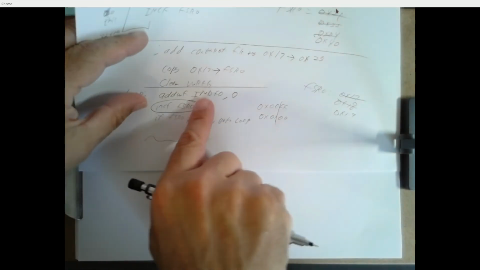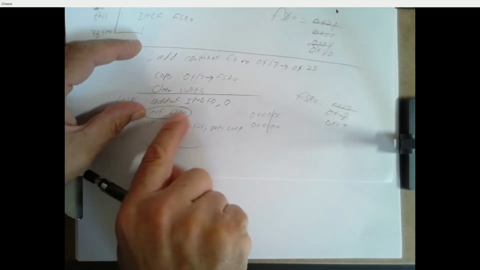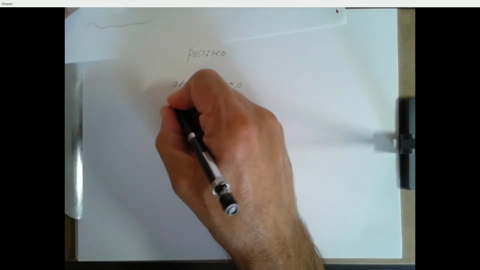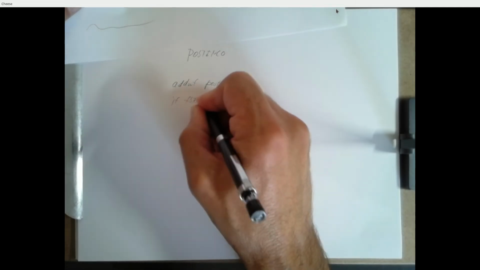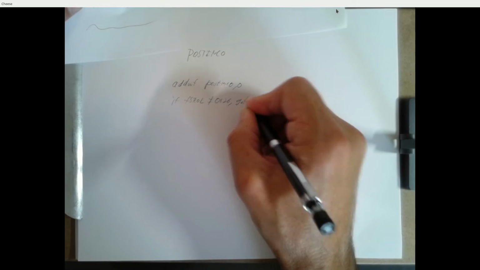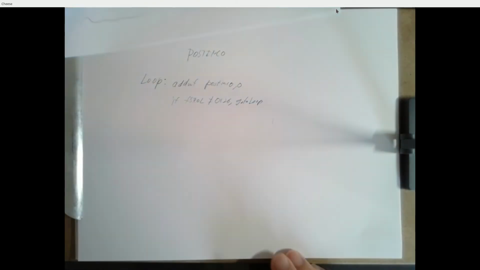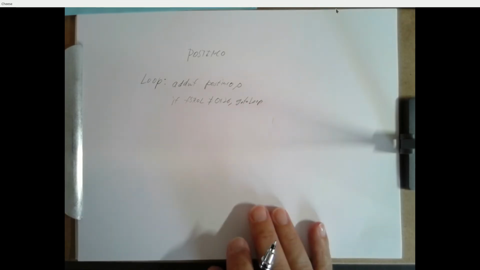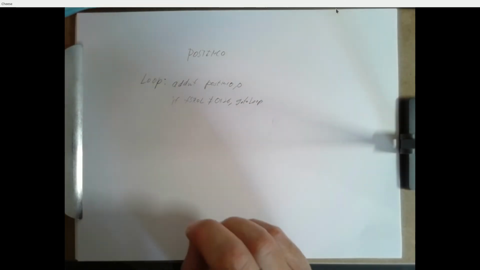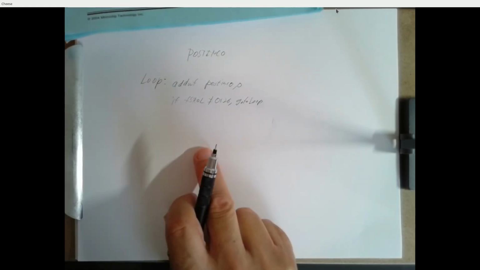That adds the contents of the register pointed to by FSR0 to W, stores the result in W, and does the increment. And now we could just say if FSR0L is not equal to 26, go to loop. And our loop is right here. So this not only makes our code a little bit shorter, but it also cleans up this detail of how to increment this file select register.